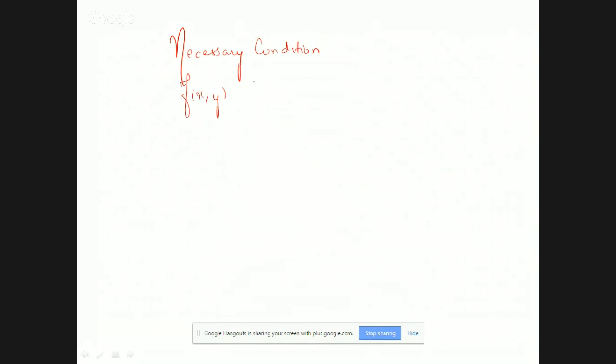What is the necessary condition that f of x comma y has a maxima or minima at x is equal to a and y is equal to b? It's a very simple thing.